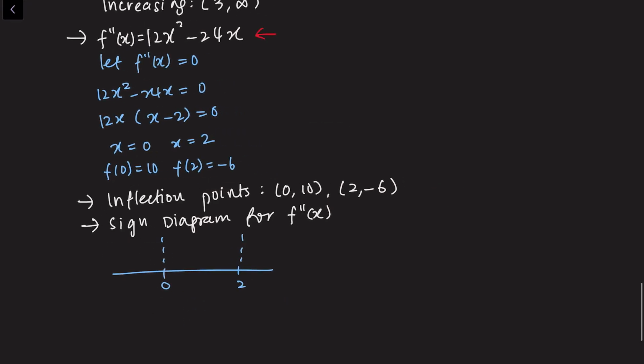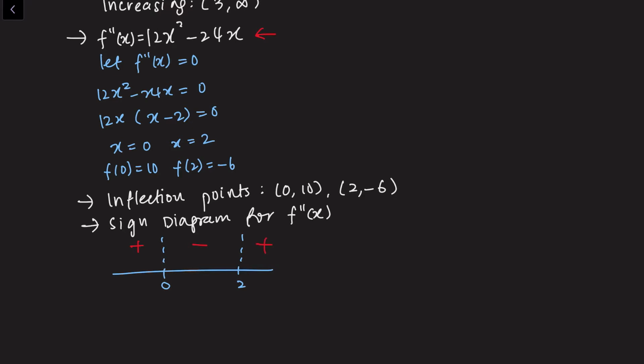Okay. You substitute negative 1 into f double prime. 12 negative 1 squared minus 24 negative 1. You get a positive number, right? So it is concave up. You substitute a 1. You get a negative, means concave down. Then you substitute maybe a 6 into the equation. You get a positive number.